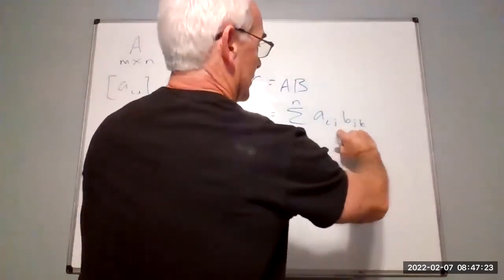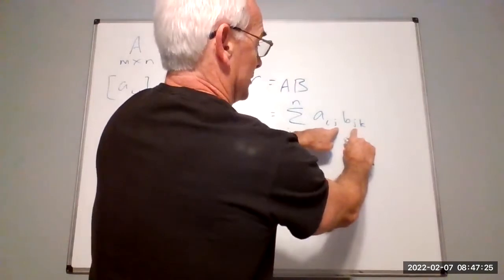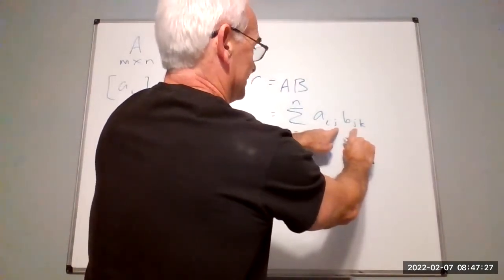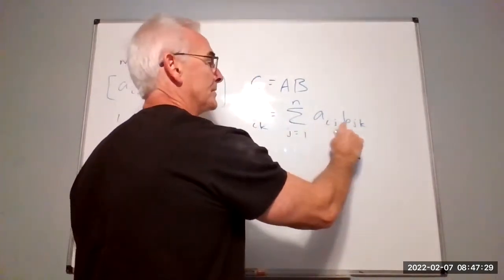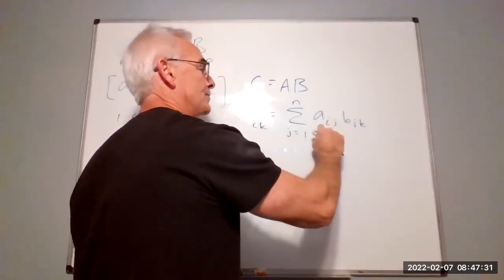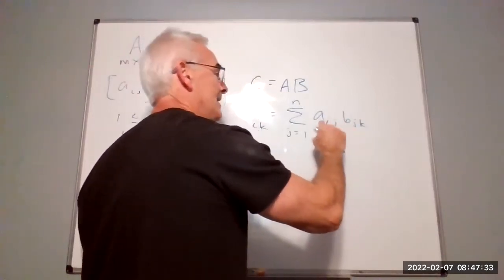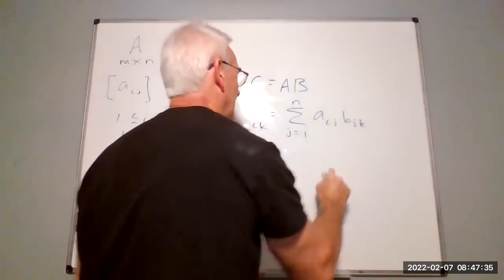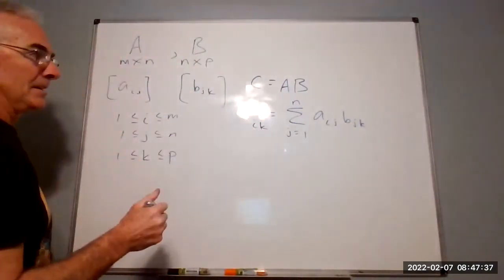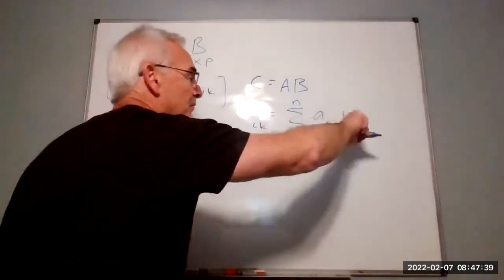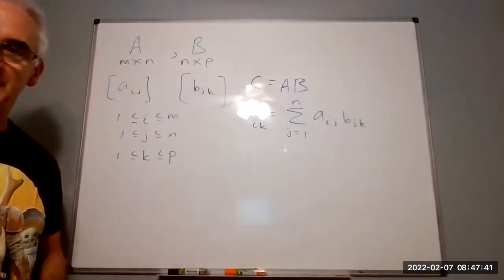Notice the J's are the only thing changing. So this is AI1 times B1K, plus AI2 times B2K, plus AI3 times B3K, all the way up to the end. This is the formal definition of matrix multiplication right there.